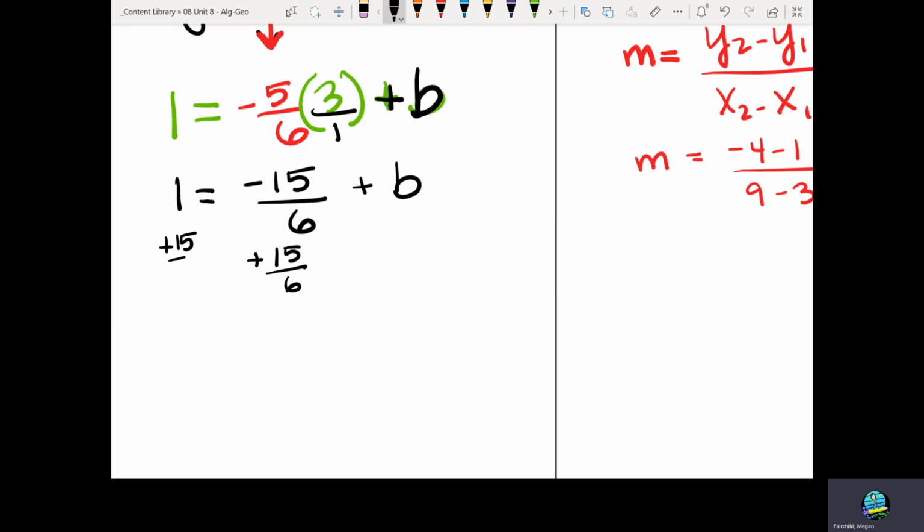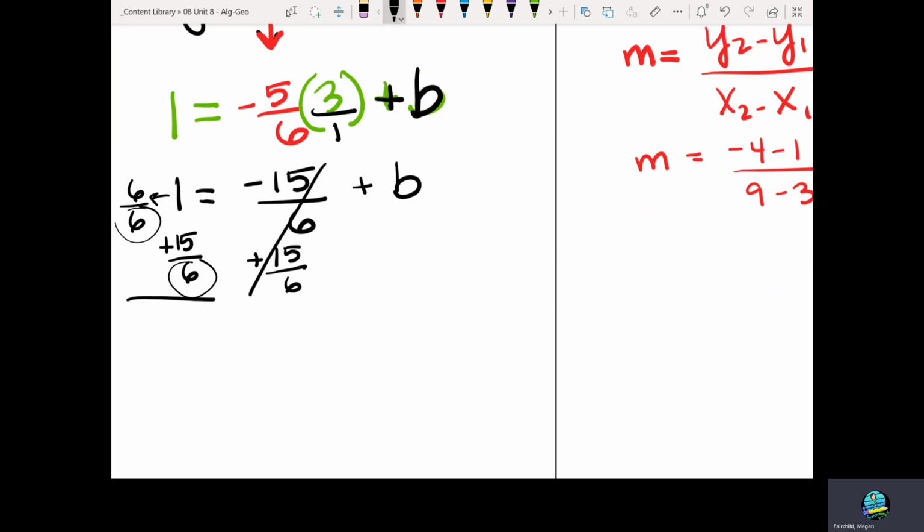Do we remember how to add fractions? What if I gave you this without a calculator? How do we add that? Yeah, I turn this into a fraction with the same denominator, so I can add them.